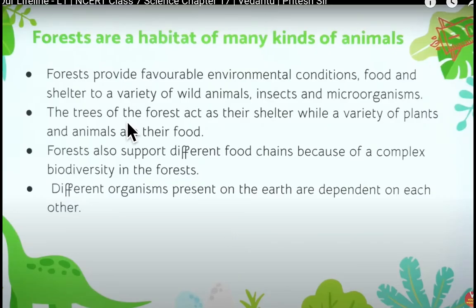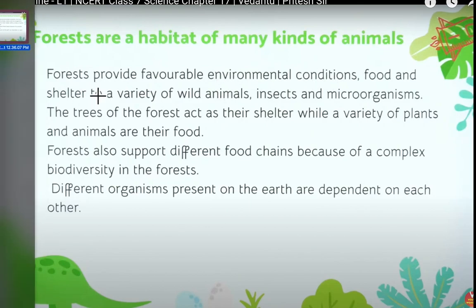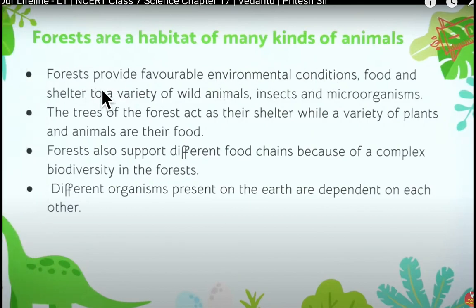So, forests are a habitat of many kinds of animals. In the forest, we find many types of plants and trees, and we find different types of animals. Why? Because forests provide favorable environmental conditions, food, and shelter to a variety of wild animals, insects, and microorganisms.